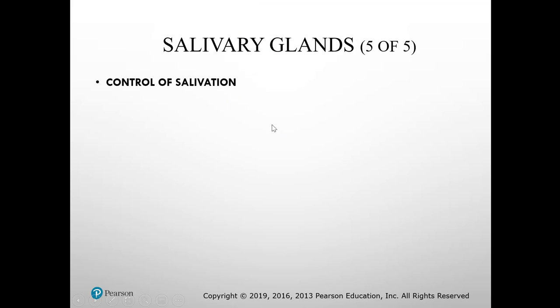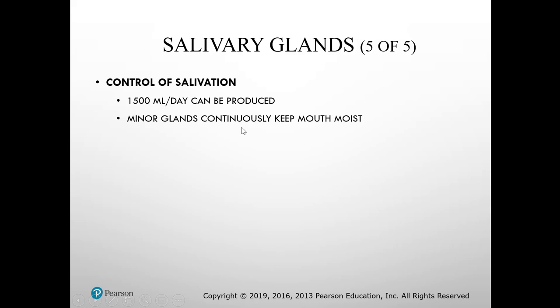So let's take a look at some facts about controlling salivation. First of all, we have 1,500 ml per day of saliva that is being produced. Minor glands continuously keep the mouth moist.